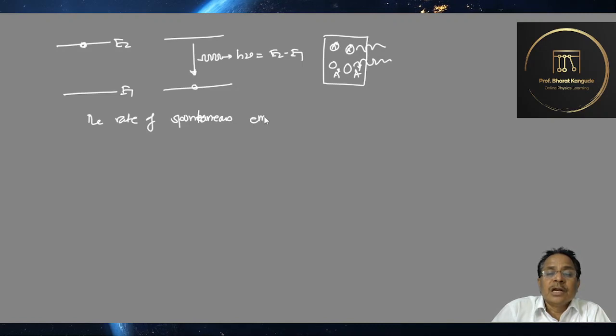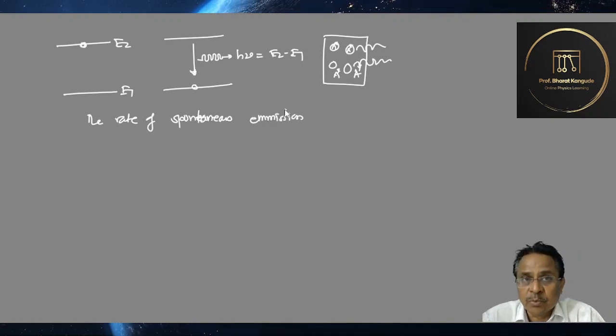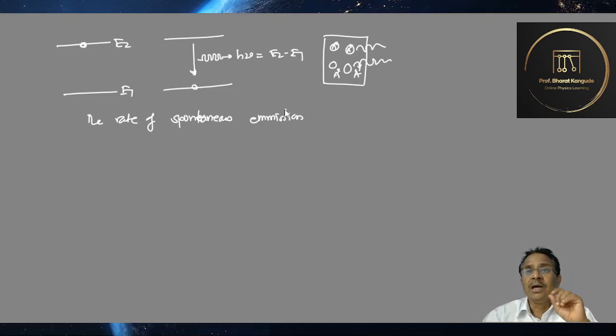Earlier we have seen the rate of absorption. We have seen it is proportional to the number of incident photons, that is the radiation density or photon density, as well as proportional to the number of atoms, the population of the state E1, that is N1. So there were two factors. Here it is not that.